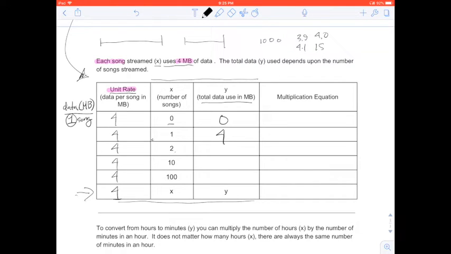2 songs, so we can think of that as one song and one song, got 8 megabytes. 10 songs, we could think of that as 1, 1, 1, 1, 1, 1, 1, 1, 1, 1. So each one of those is 4 megabytes, 40 megabytes. And likewise, 100 songs at 4 megabytes each is going to be 400 megabytes.